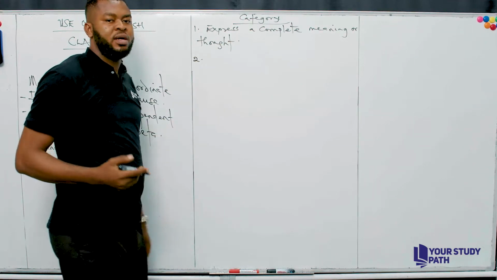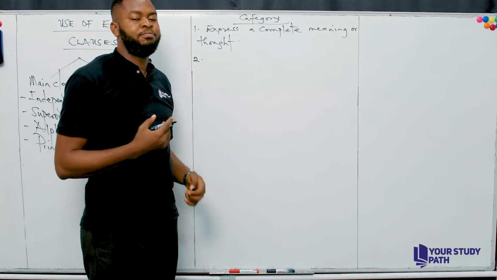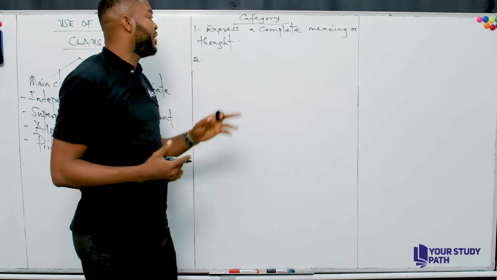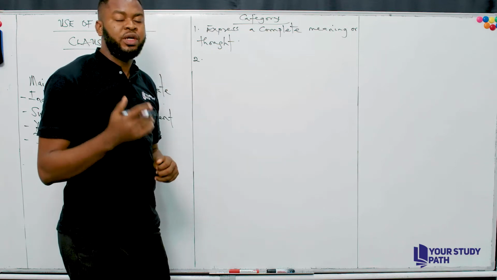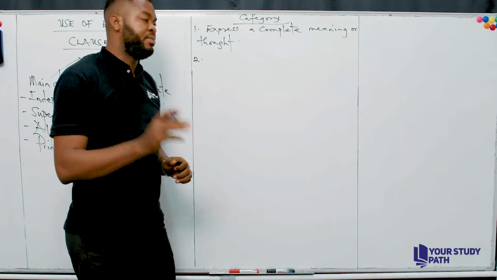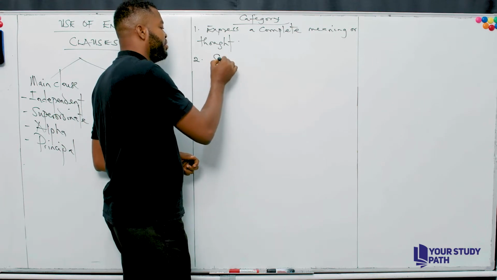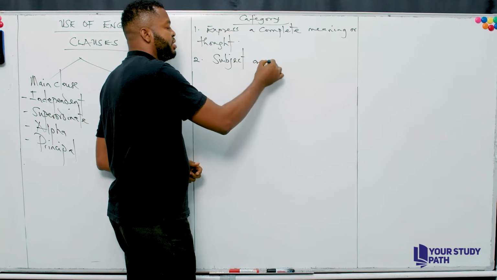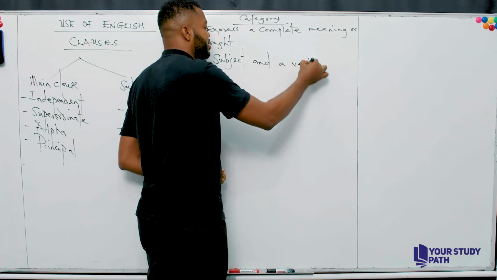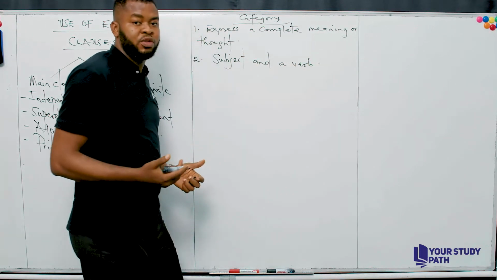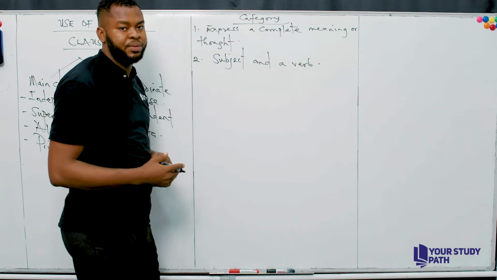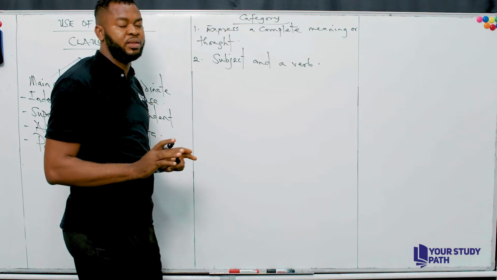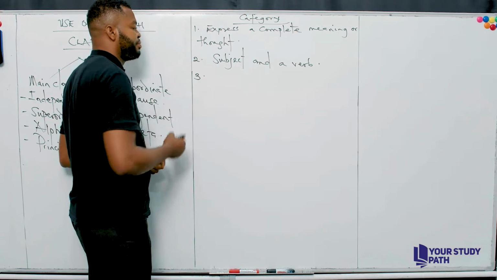Then two, how else would you identify a main clause? You can also identify a main clause by having a subject. A main clause must have a subject and a verb, which is very, very important. Then number three.